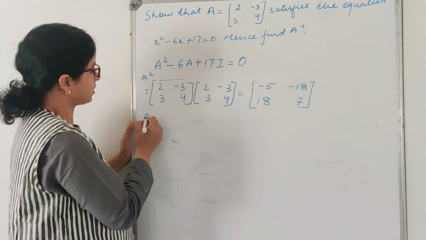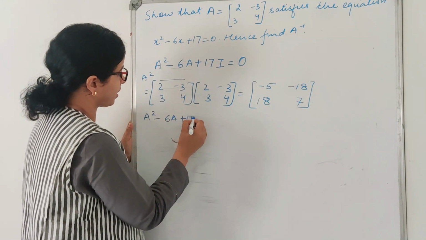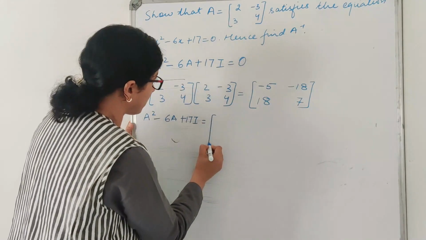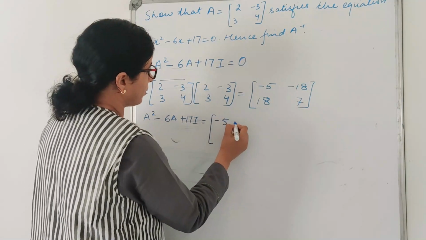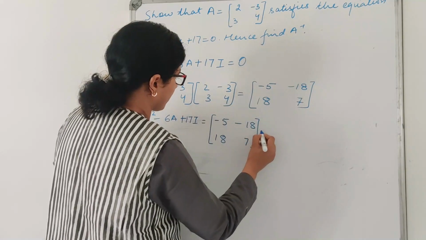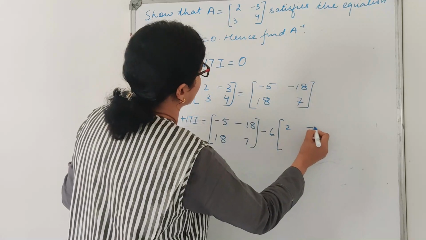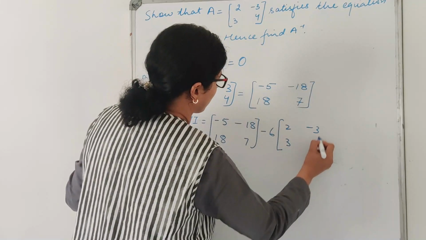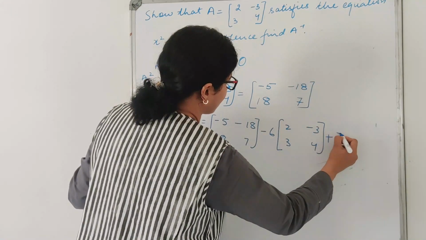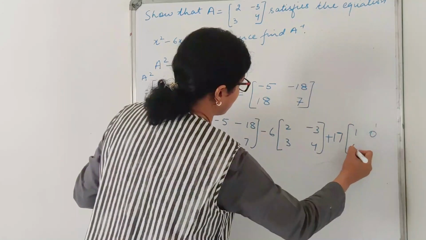I'll substitute in the equation. So our equation is A square minus 6A plus 17I, which is equal to, substituting the values, minus 5, minus 18, 18, 7, minus 6 times A, what is the value of A? 2, minus 3, 3, 4, plus 17I, 1, 0, 0, 1.